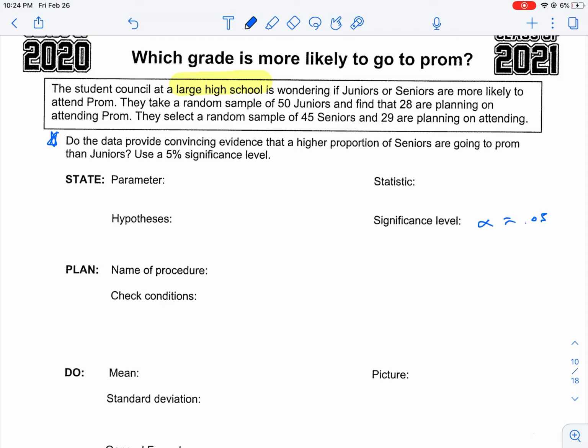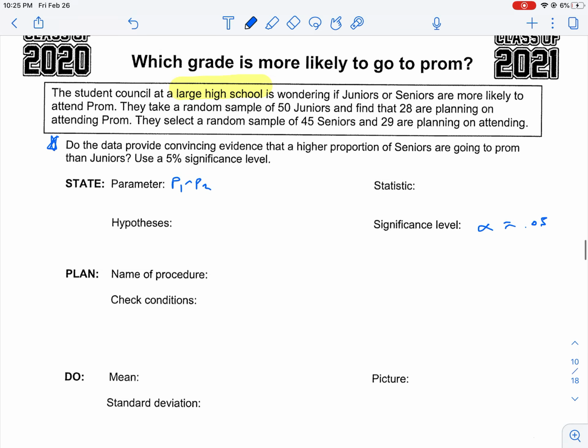What is our parameter? Well, when we're determining if there's a difference between things, so is one higher than the other, we're going to use a P1 minus P2 notation, where P1 and P2 represent our true difference.